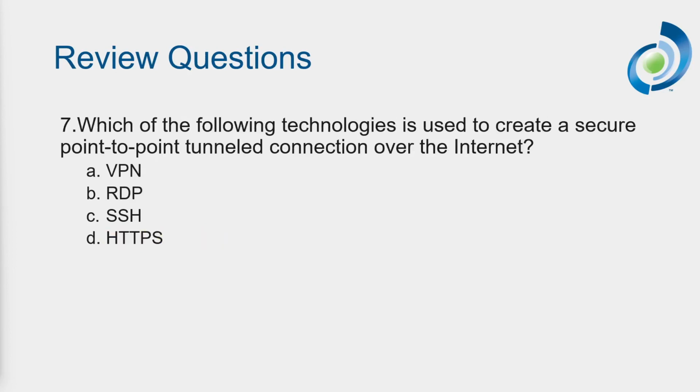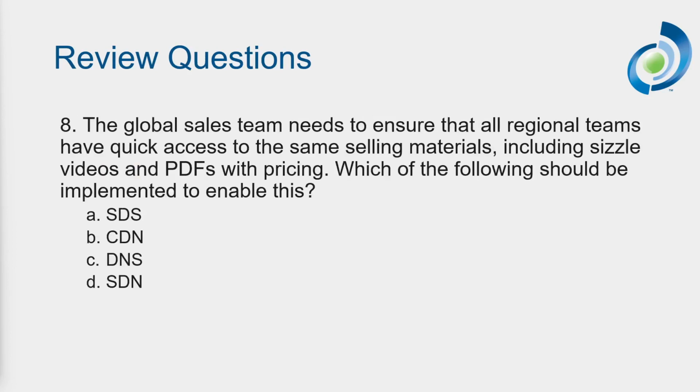Which of the following technologies is used to create a secure point-to-point tunnel connection to the internet? This would be your VPN, your virtual private network. The global sales team needs to ensure that all regional teams have quick access to the same selling material, including sizzle videos, PDFs with pricing.